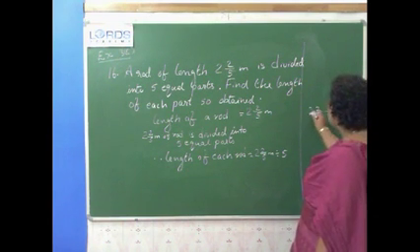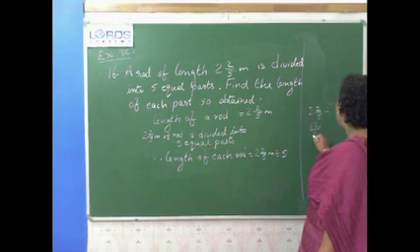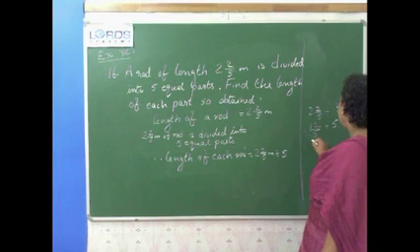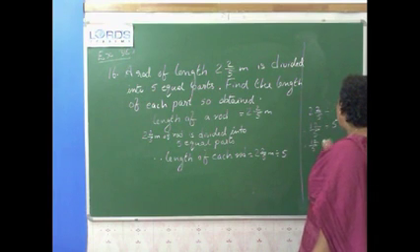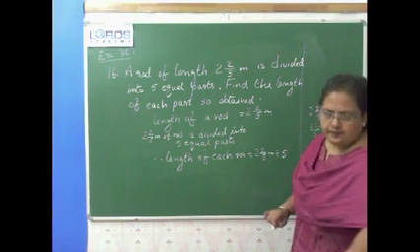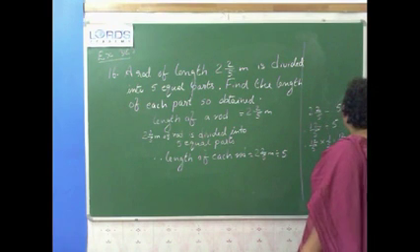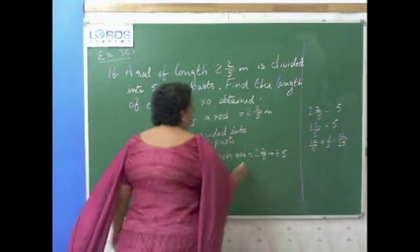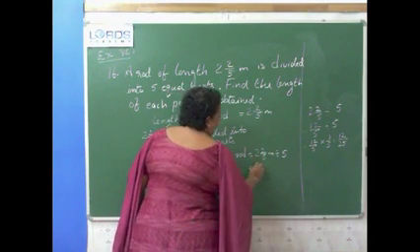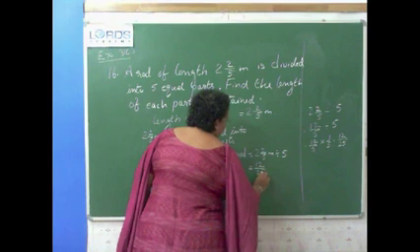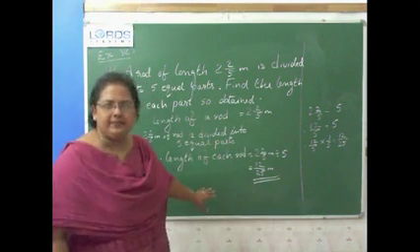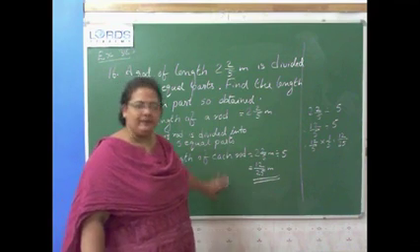So 10 plus 2, 12 by 5 divided by 5, that is equal to 12 by 5 into 1 by 5, that is 12 by 25. So the length of each rod is 12 by 25 meters. Very simple, right? Okay, clear?